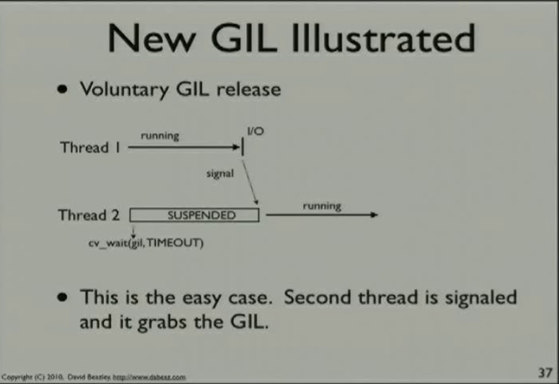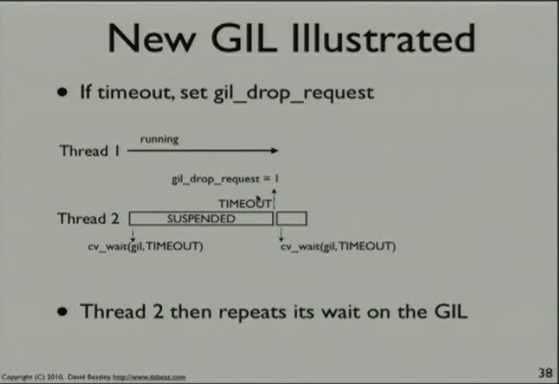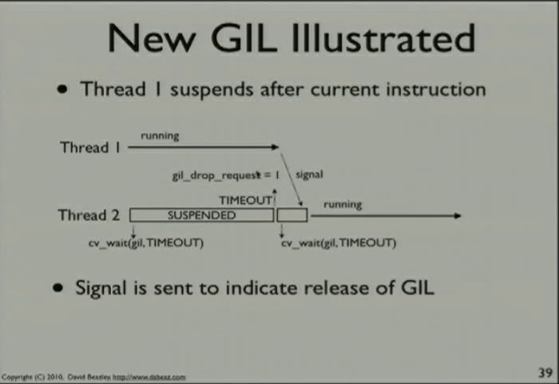Maybe thread 1 is going to do a socket read pretty soon, in which case I'll just get the GIL soon. If that doesn't happen, thread 2 will set this drop request, forcing thread 1 to stop. If this request gets set, the running thread stops immediately after it's finished whatever instruction it's doing, and then it signals thread 2 saying you can go run at this point.